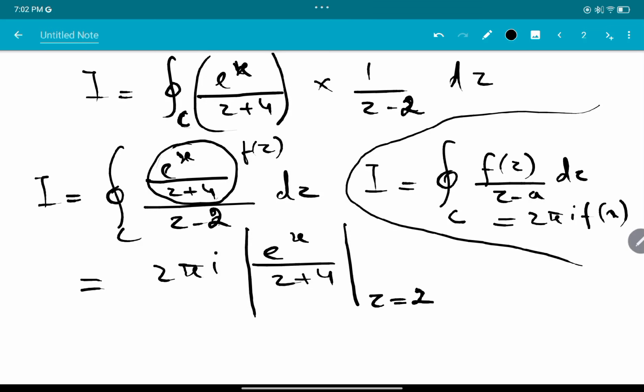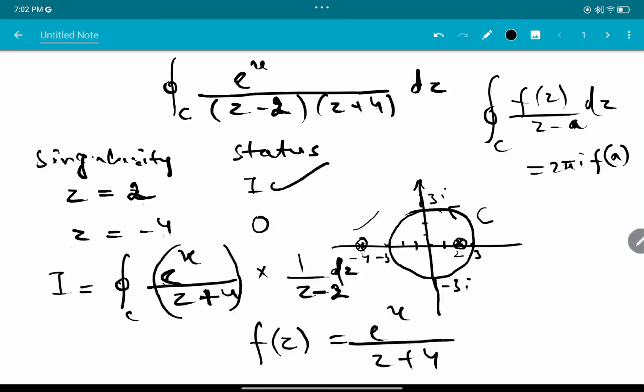Substituting this value, I get 2 pi i into e raised to 2. It must be z, sorry, it is e raised to z, not e raised to x.